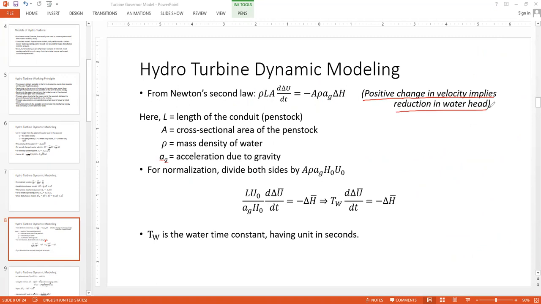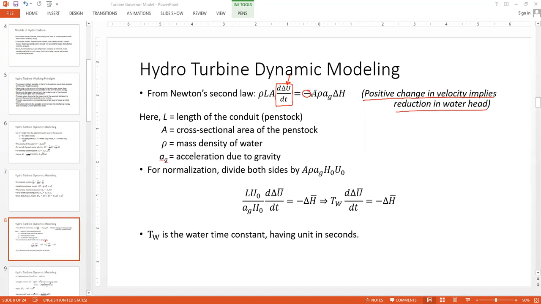Now, if you look, what are the variables there? On the left hand side, the variable is actually change in velocity. Remember, change in velocity. It is not only the velocity. It is the change in velocity. By change, we always expect some positivity. When we say d by dt of some variable, we expect that it should return me some positive things. So when it becomes negative, then we have to incorporate some negative sign.